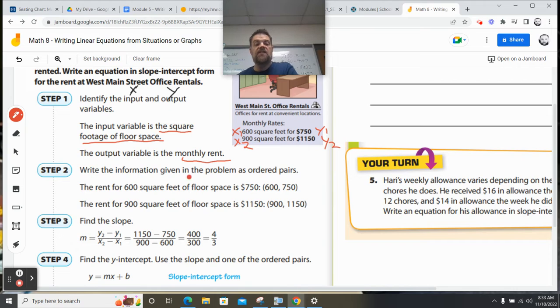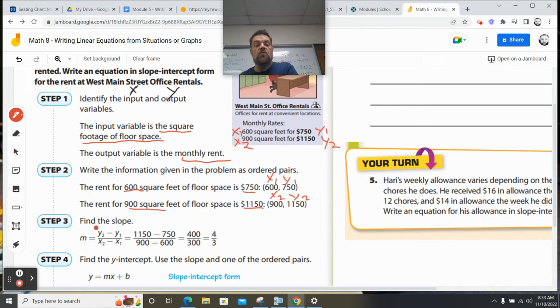So step 2 is write the information given in the form of ordered pairs. For 600 square feet, the rent is 750, so this is x sub 1, y sub 1. The rent for 900 square feet is 1150, so this is x sub 2, y sub 2.